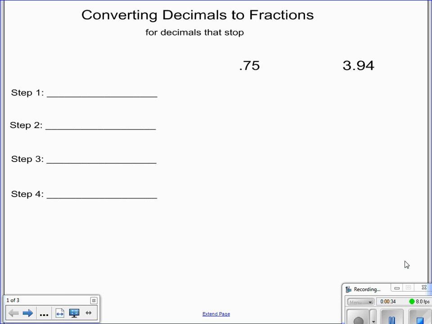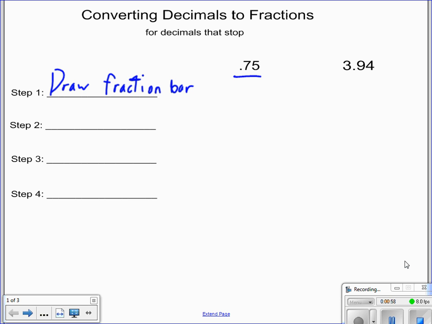Step 1 is to simply draw a fraction bar. I'm going to do all the examples first on the 0.75, and then I'll do them on the other decimal here. So I'm going to draw a decimal fraction bar.